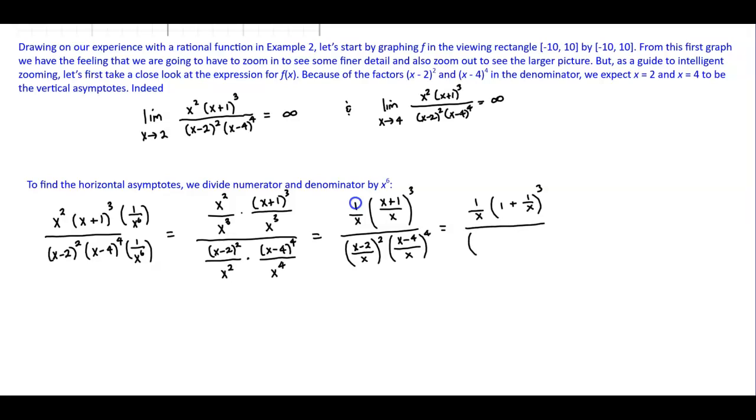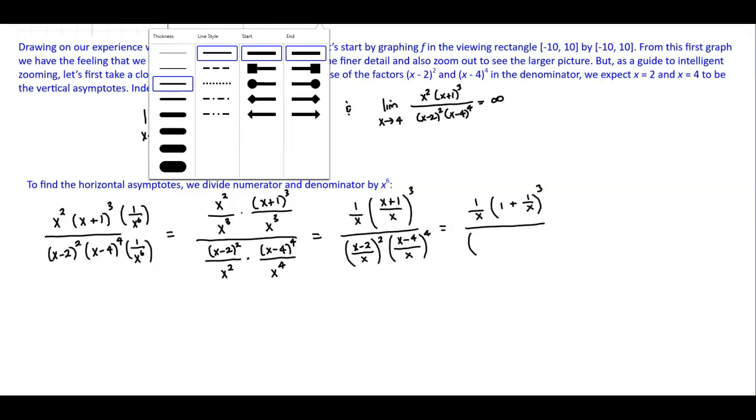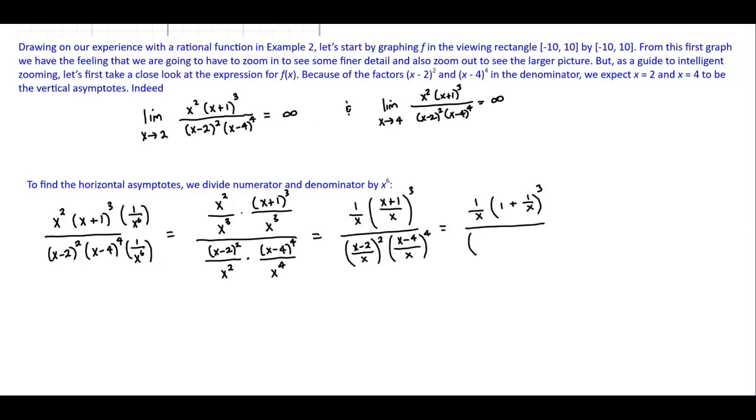And then over here we're going to have 1 minus 2 over x, and that's squared, times 1 minus 4 over x to the 4th power.